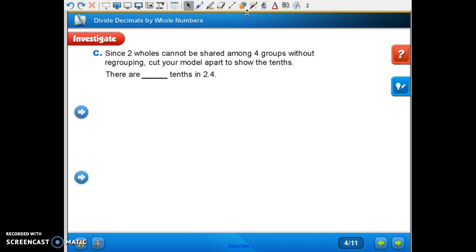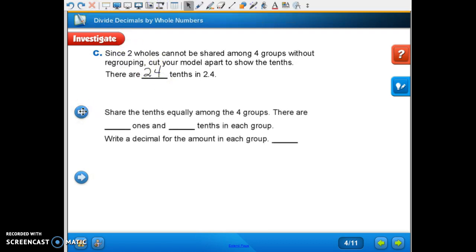If you're doing this lesson at home and watching the recording, you need to find something and make some 10 by 10 squares so that you have something to cut apart. Since 2 wholes cannot be shared among 4 groups without regrouping, cut your model apart to show the tenths. There are now how many tenths? 24.